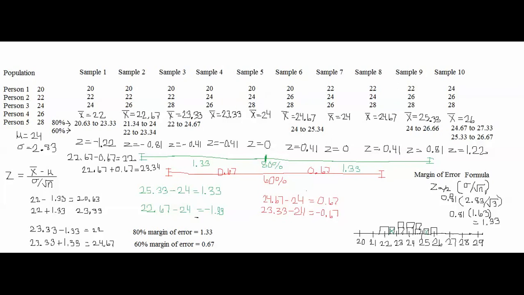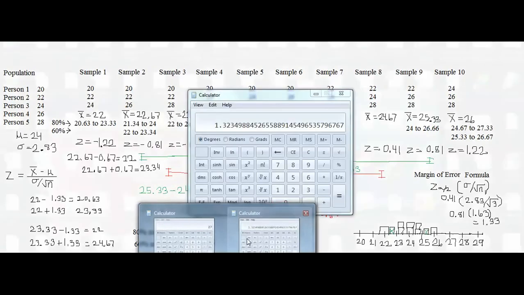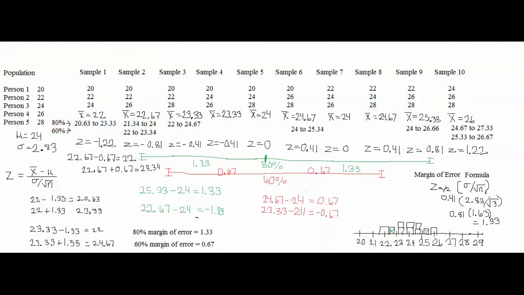So to get the 60% margin of error, we just have to replace our confidence coefficient. This will also be replaced.